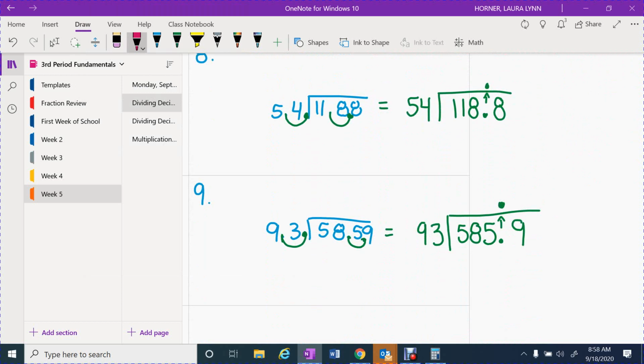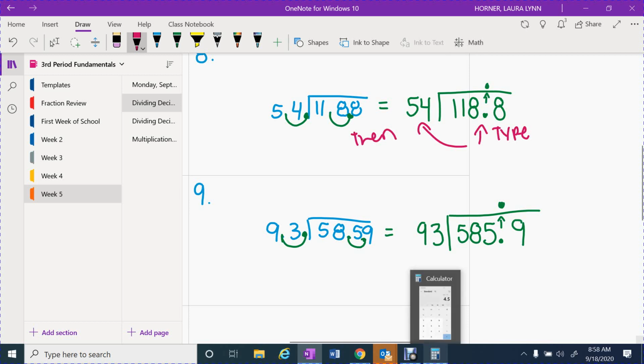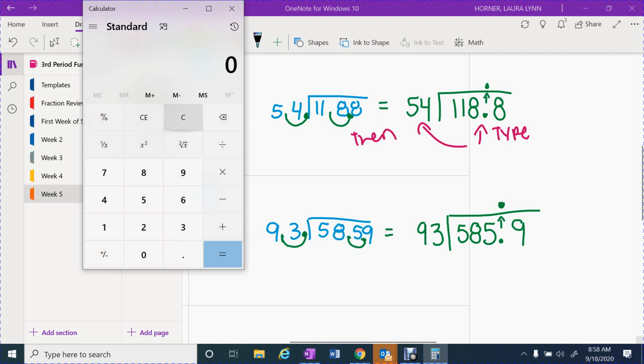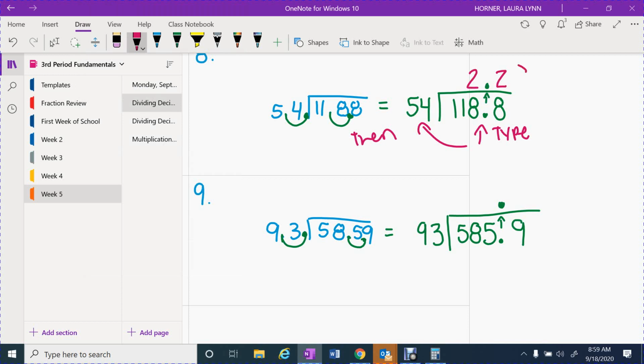Last two problems. Same thing. Type inside first, then the outside number. So pause, type the answers in for 8 and 9, unpause to check yours. Okay, let's check our answers. If I type in 118.8, division symbol, number on the outside is 54, we get 2.2.